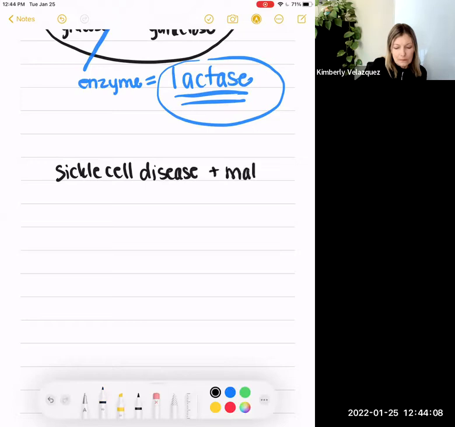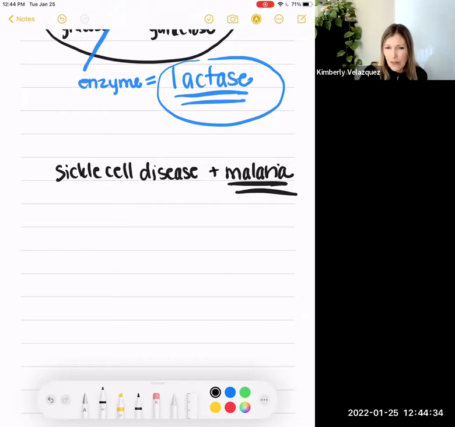Malaria is still one of the number one killers on the globe in certain places in the world. If you live in a country that has malaria, this is one of the number one causes of death. Millions of people still die from malaria.